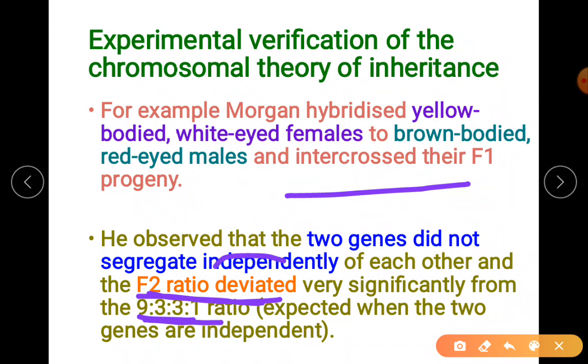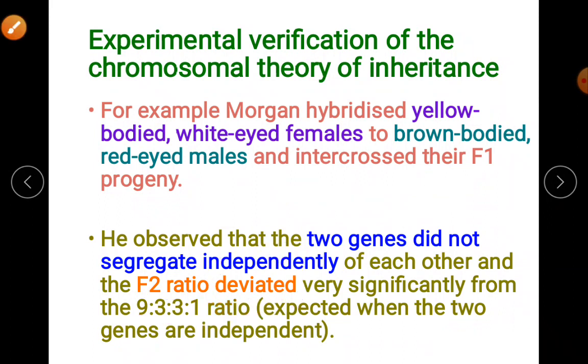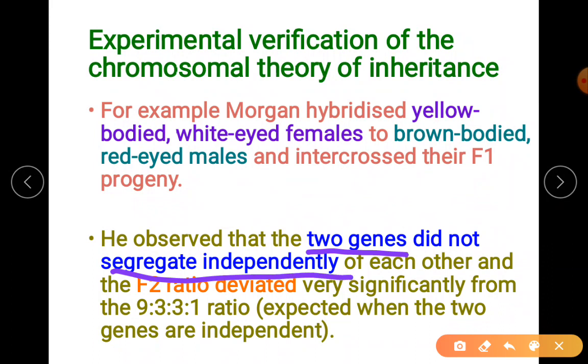It was a deviation. What did that deviation mean? It means the two genes did not segregate independently. They were dependent on each other.